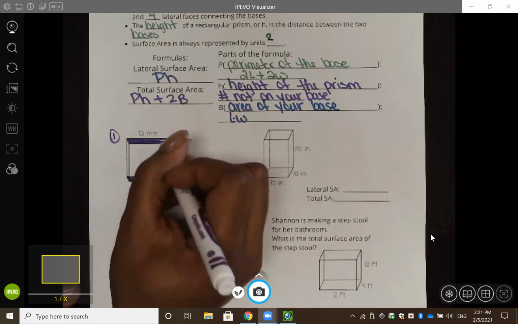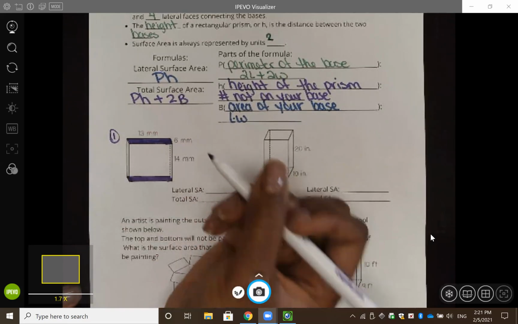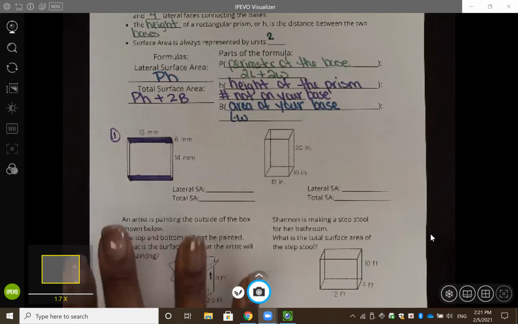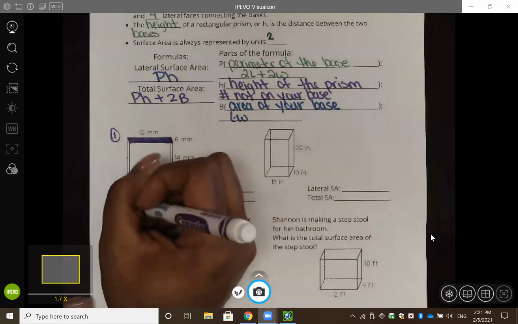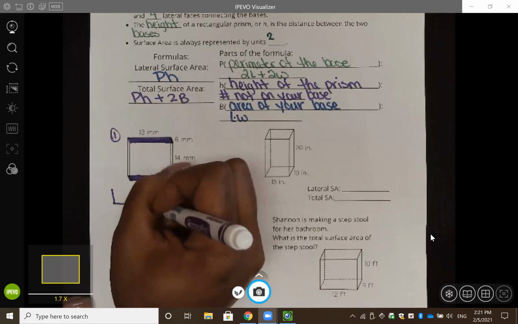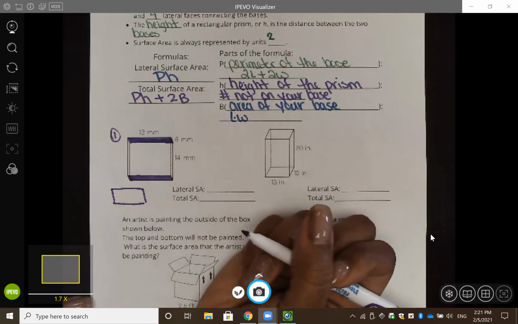Now that I have shaded in my bases, it's easier to identify the numbers that are touching my base. Since I have my bases, I am going to take them out and recreate them so that I will know what numbers I am using.